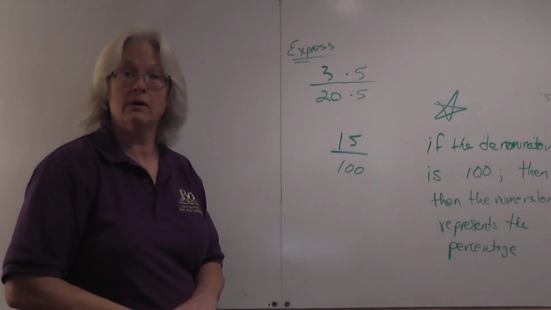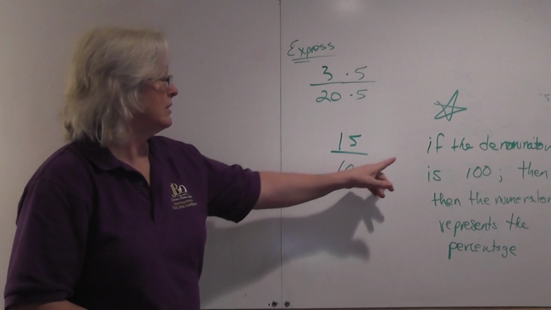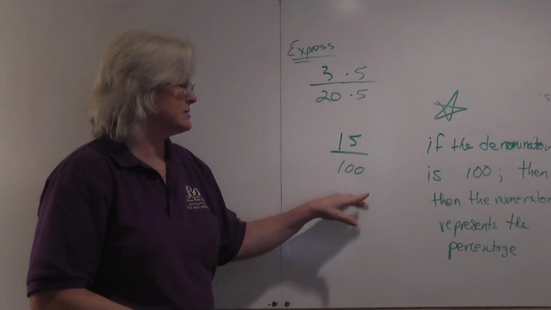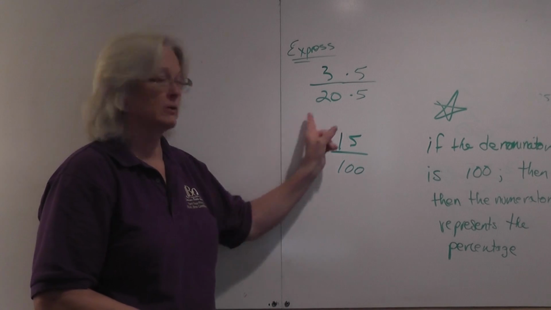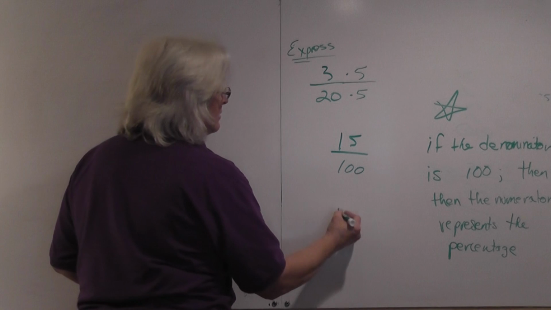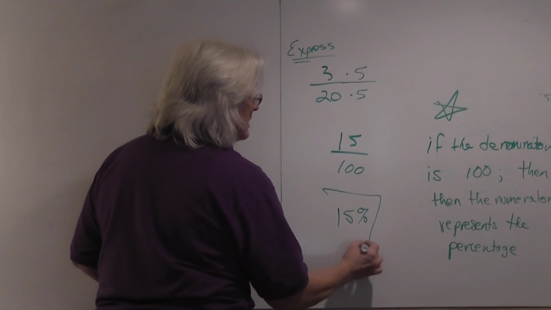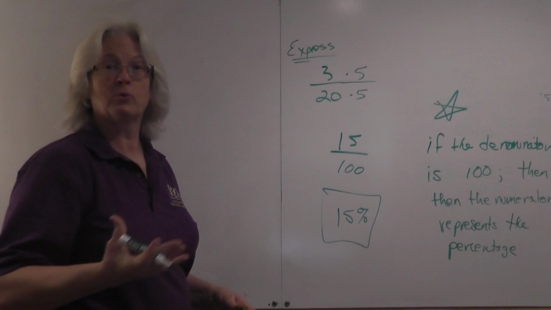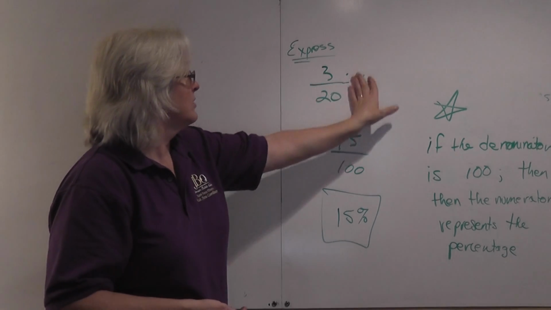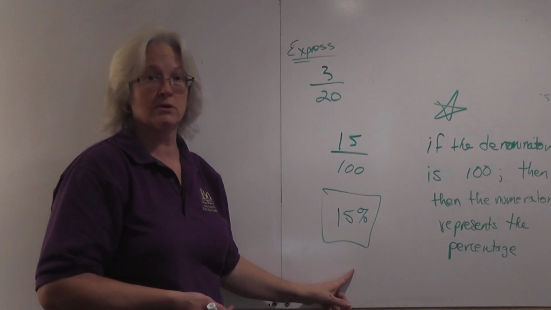So what do we have now? We have this ratio, 15 over 100. Is the denominator 100? Yes. Then the numerator represents the percentage. So the numerator is the percentage, 15%. What did our problem ask us to do? It said, express 3/20 as a percentage.